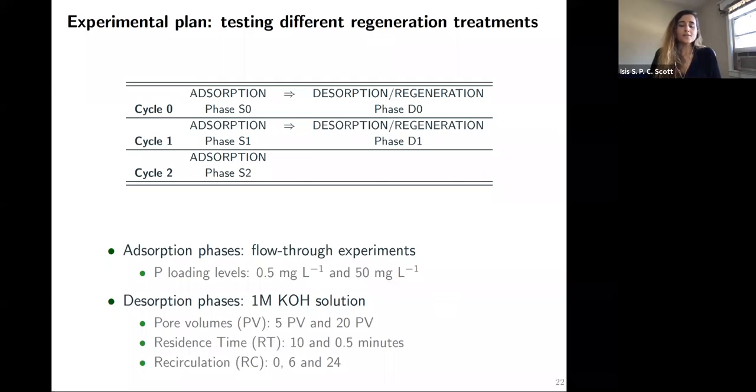So our experiment plan involved the use of adsorption and desorption cycles, or phases, as we called it. And they would be sequential in our flow-through system. So first, we would start with an adsorption phase, and we would use different phosphorus loading levels.